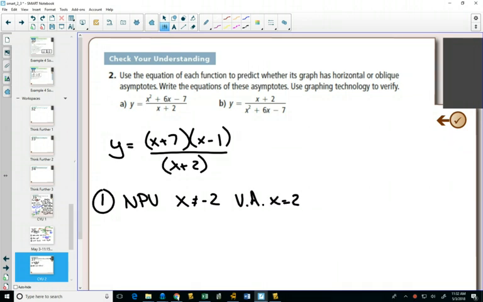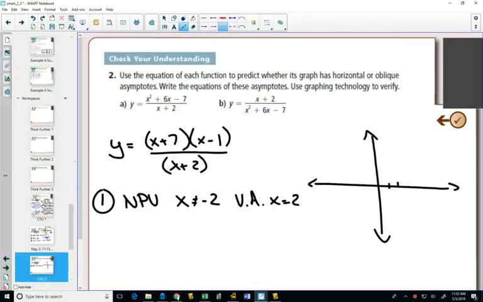Since that x plus 2 doesn't cancel out, we're going to have a vertical asymptote at x equals negative 2. So I'm going to start graphing it as we do our steps. There's our vertical asymptote.